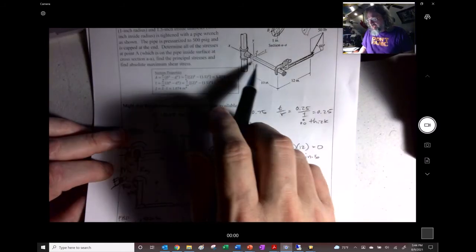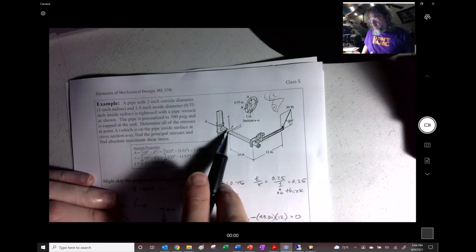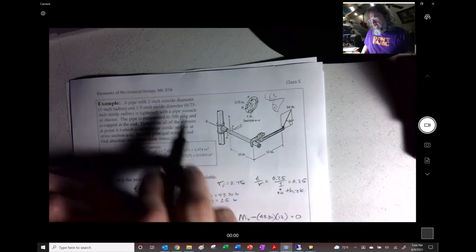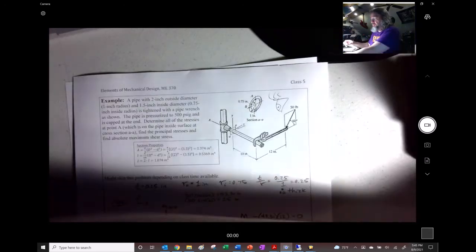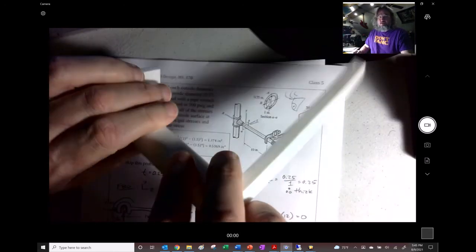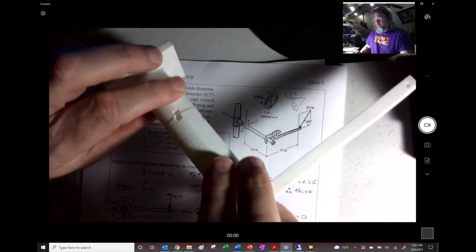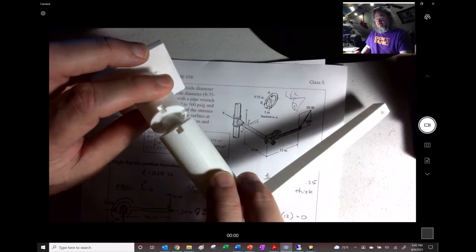So looking at this, what kind of moment creates bending at A? Looking at this, or maybe even taking our little thin guy right here and seeing at A, it's got to be something that pulls it there.